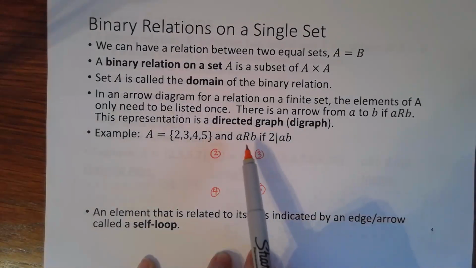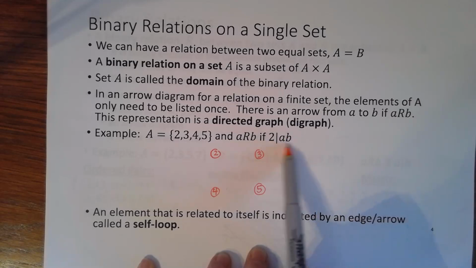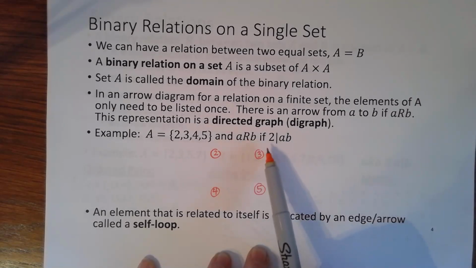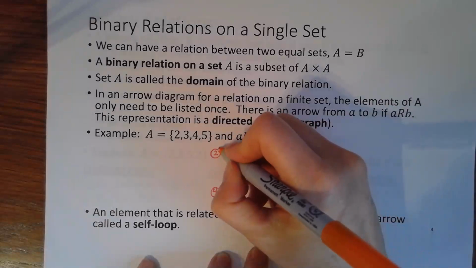Now we can see that A is related to B if 2 divides the product AB. So we might ask ourselves, is 2 related to itself? Well, 2 is related to 2 if 2 divides the product of 2 times 2. Certainly 2 divides 4, and so 2 is related to itself.